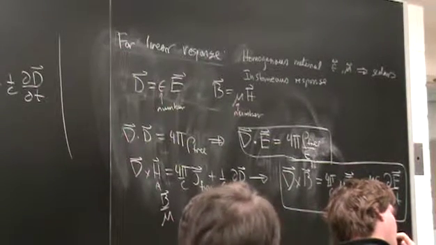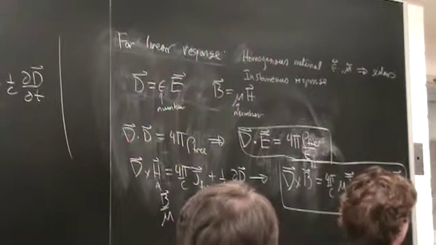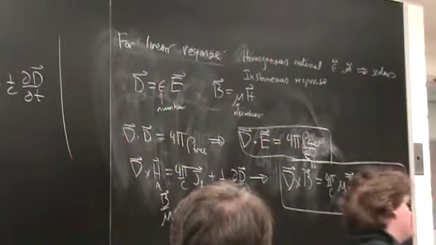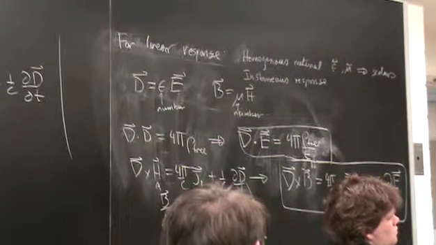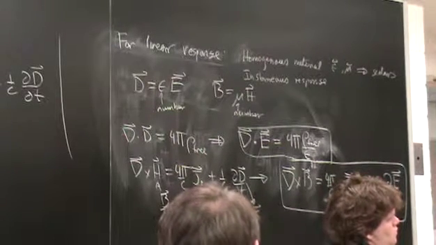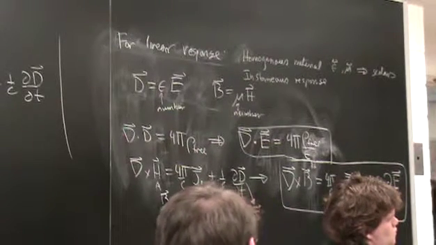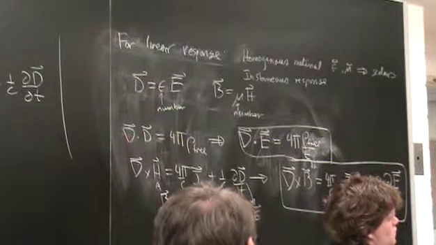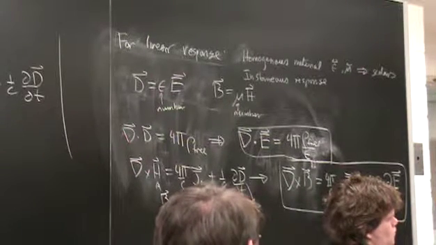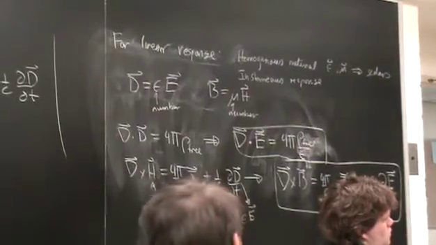I should say a few words about units, because you've seen this before, I'm sure, in your undergraduate course. You used SI units, and I want to make certain things clear here.